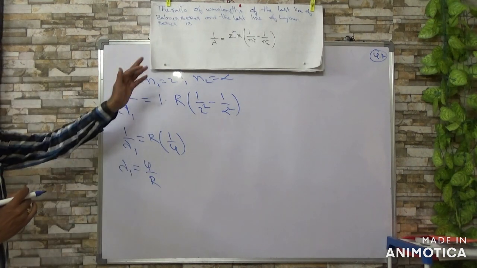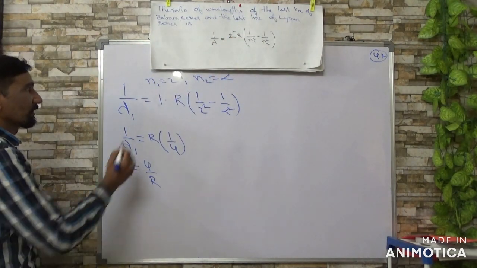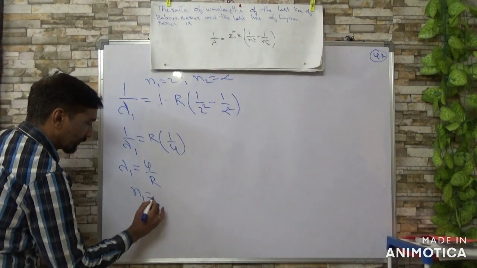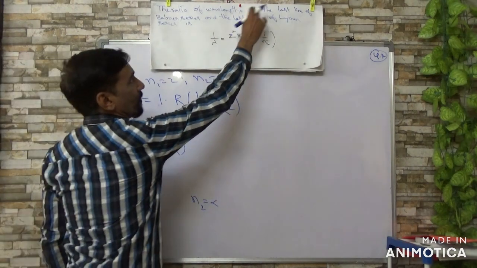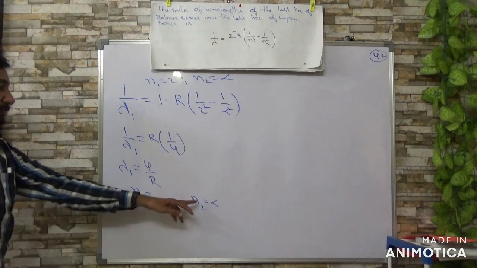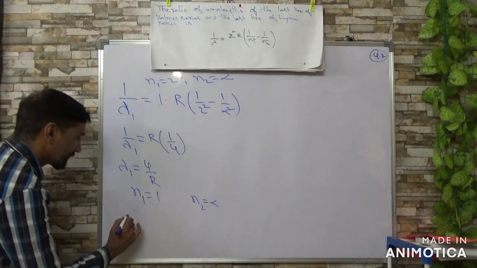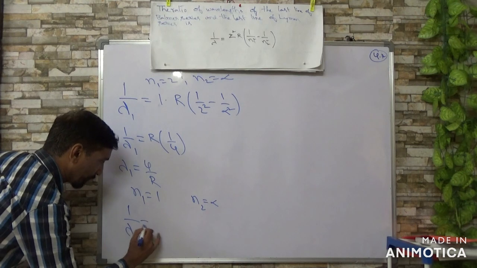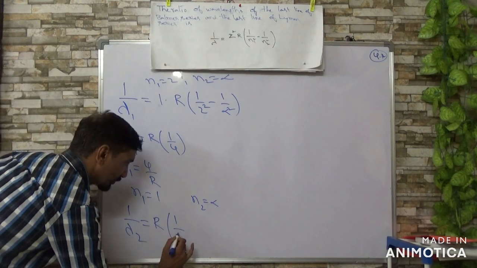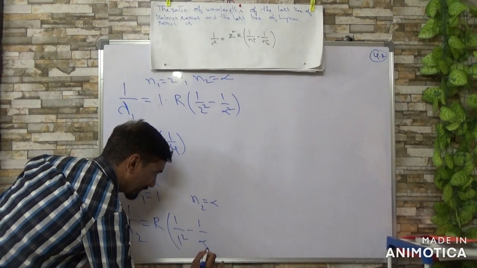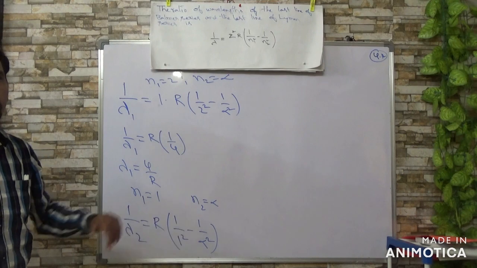Okay. Now in the second case, the Lyman series. The transition is taken from infinity, because they are saying last line, to the first one. That is why 1 by lambda 2 becomes the Rydberg constant into 1 by 1 square minus 1 by infinity square. This 1 by infinity square value is 0 now.